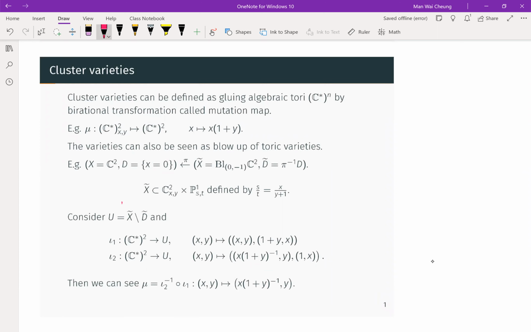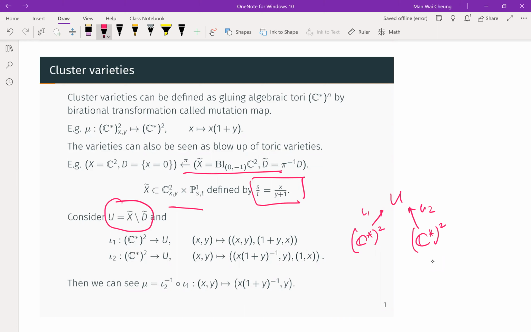look at this open piece of our blow-up. And then we want to go back to use our charts to cover it. Whatever this is, it's just a blow-up. So in option 1.2, we define our blow-up with this relation here.